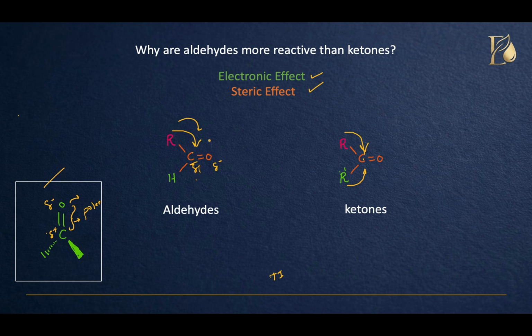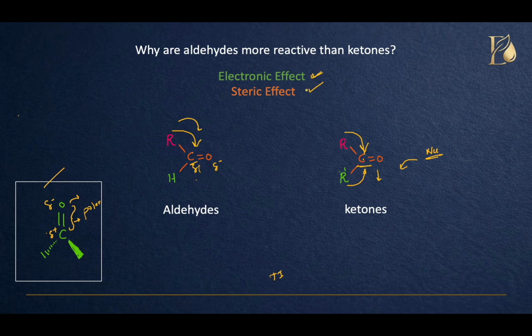In ketones, there are two alkyl groups attached, so they donate more electron density towards the carbonyl carbon and it becomes less electrophilic. Less electrophilic means the chance of attack by a nucleophile is less compared to aldehydes. That is the electronic effect.